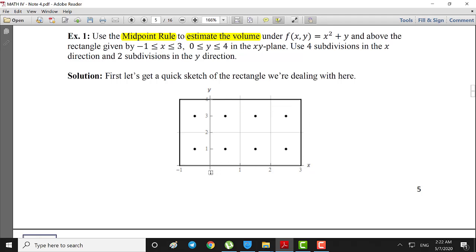We are supposed to have 4 subdivisions in the x direction, as you see, and 2 subdivisions in the y direction, as you see. So each of the smaller rectangles has a width equal to 1 and a length equal to 2. So dA for each of these smaller rectangles is going to be equal to 2.